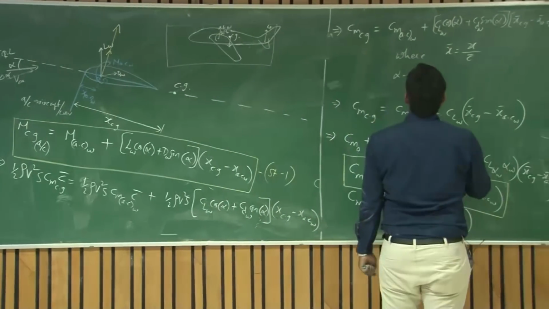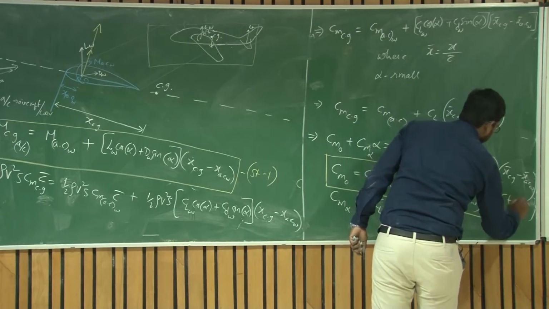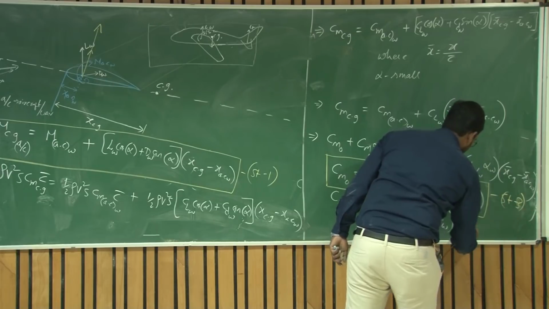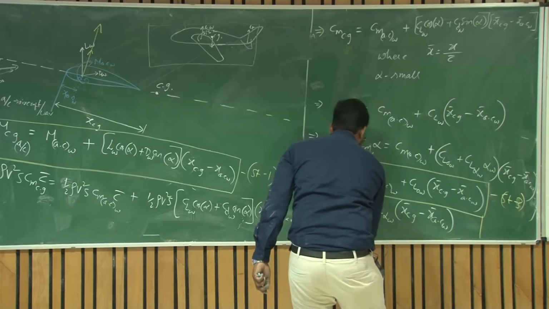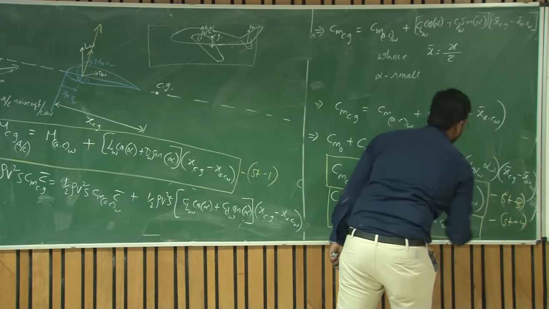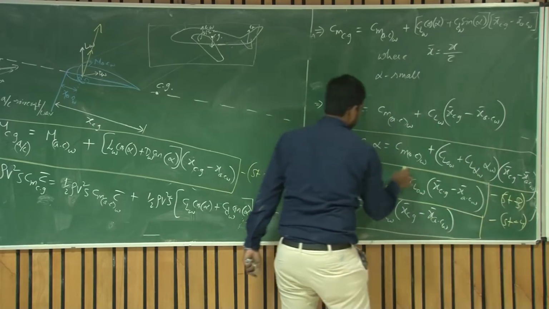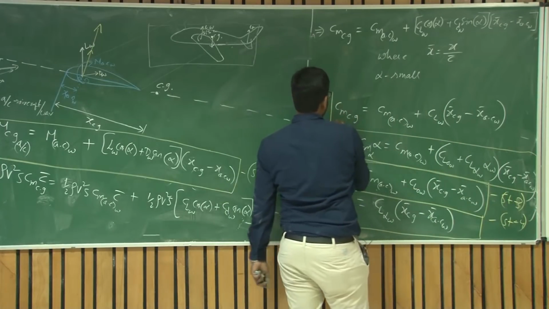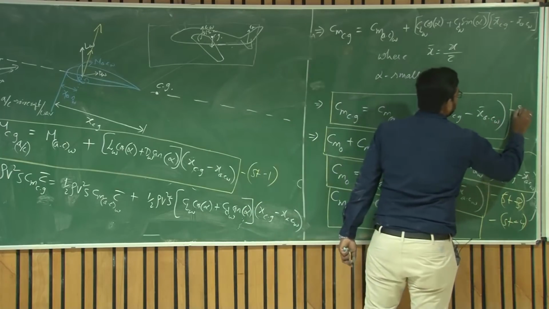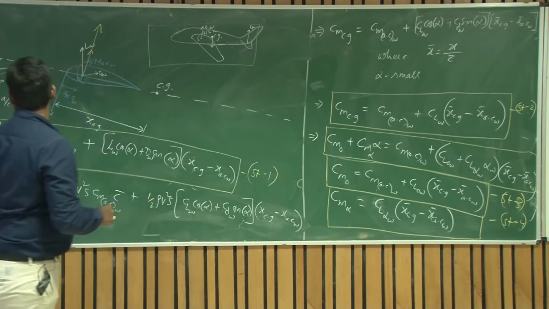And tail sizing will proceed from there. This is your ST2, ST3, say, stability equation 3. This is your ST4. This is your stability equation 2, ST2. Right, ST2, ST3, ST4.